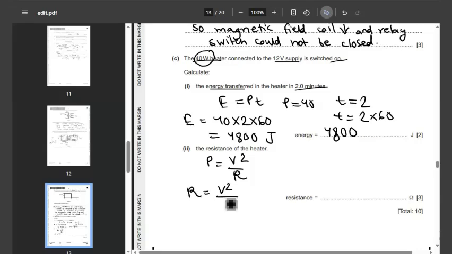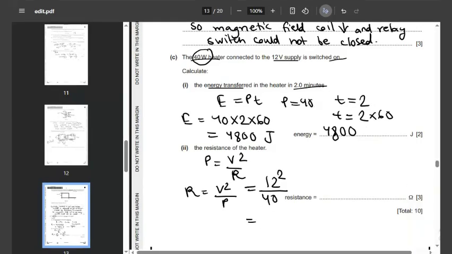So 12 squared divided by power 40. And 12 squared divided by 40 is 3.6 ohms. So the resistance of the heater was 3.6 ohms. And with that we are done with question 6.